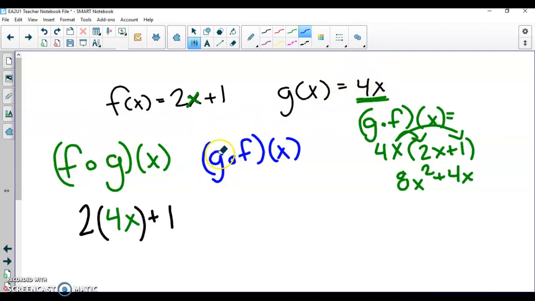It tells me to start with function g. So I will start with 4. As soon as I see an x, I put a parentheses, and I will plug this whole entire function into the x position. So 2x plus 1. And my parentheses. And I have nothing else left. These functions are what we are going to learn today. This is called a composition.